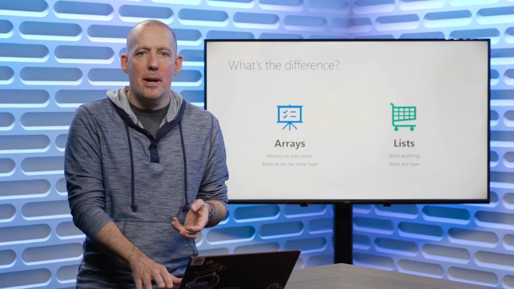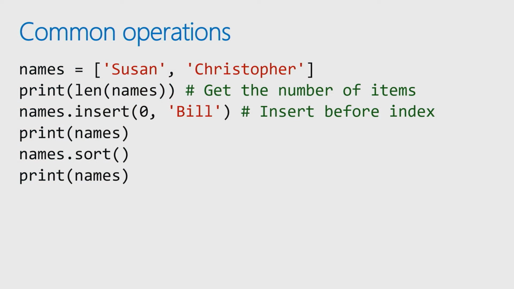Now let's talk a little bit about some common operations that we can perform on, say, a list. So if we have our names here, and again, I've thrown Susan and Christopher into there, then what we can do is we can access the total number of items that are in there by using len.